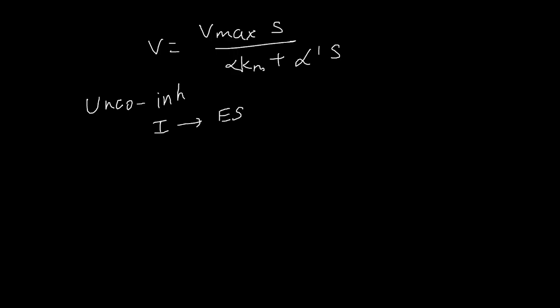Okay, so you can ignore this alpha value and you will get Vmax S divided by Km plus alpha prime S. Okay, now you divide this value by alpha prime.